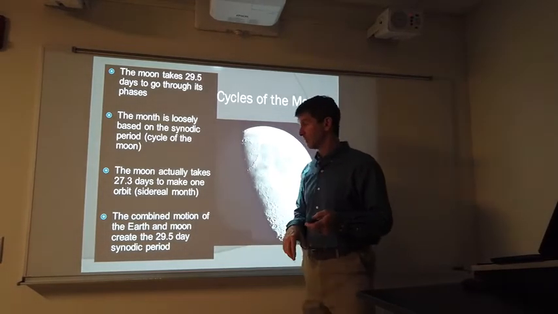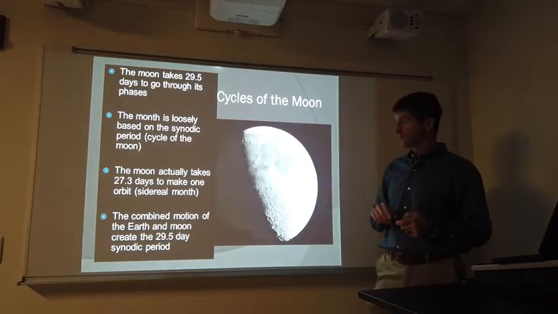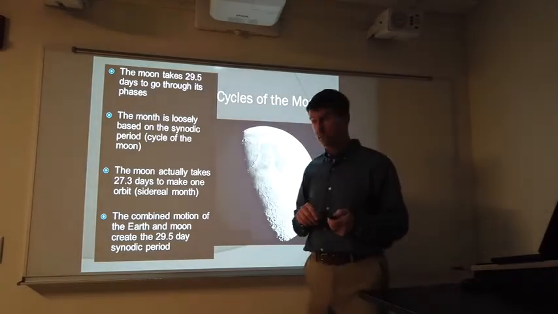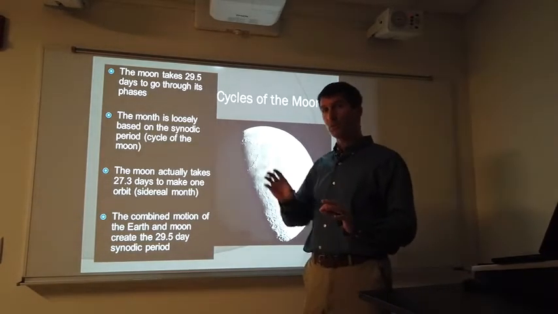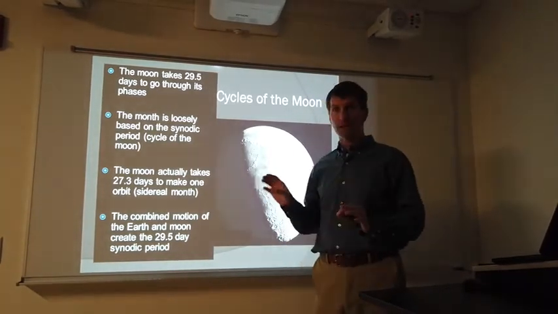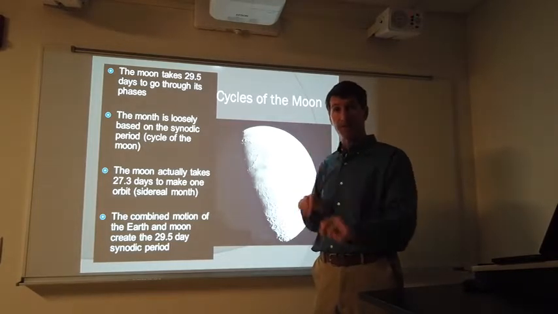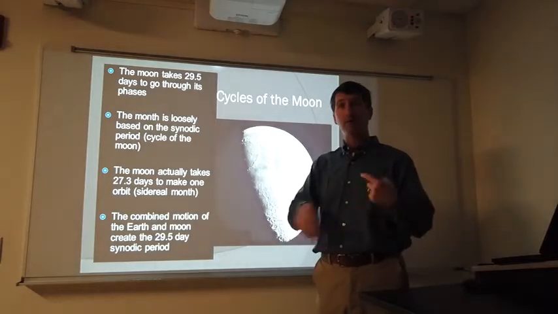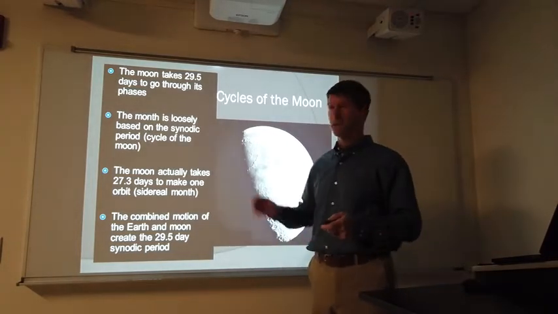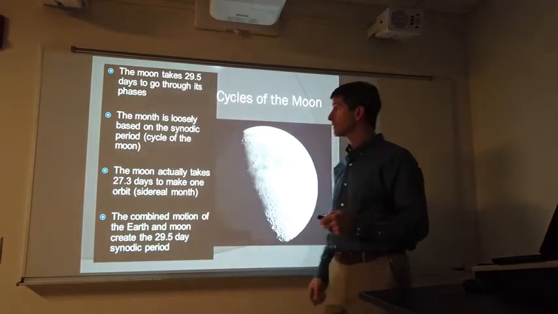So this combined motion of the Earth and the moon puts it at one lunar cycle of 29.5 days. Because when we're looking at the moon, we're looking at the different phases based on the orientation of where the sun is, where the moon is, and where the Earth is. So we have to take into account the motion of all three bodies in determining the full cycle.